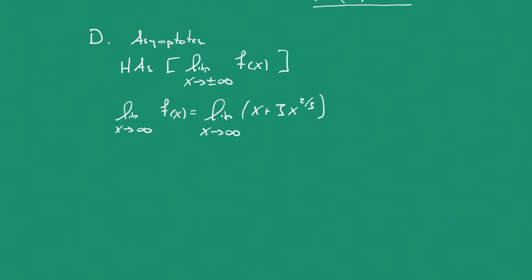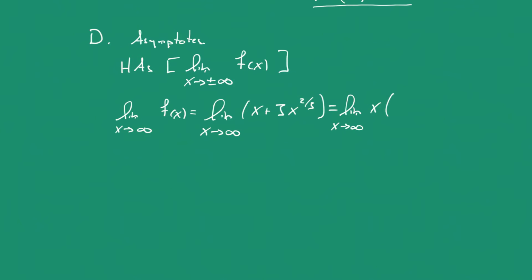In fact, this is the sort of function to which our theorem for evaluating limits at infinity applies. So I could actually drop that lower power of x, 3x to the 2/3, but we can also just do this manually by factoring the highest power of x that we see here, which is to say x.